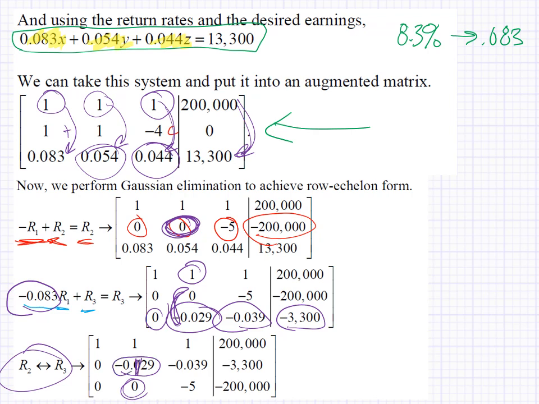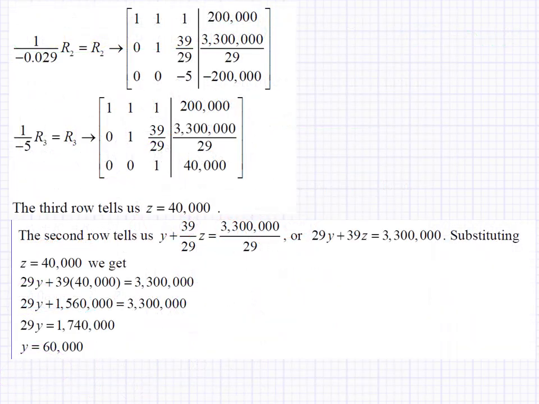We can make it a 1 by dividing by that value all the way across. We divide by negative 0.029, and we get our new row 2. So we divide everything by that negative 0.029. We get a 1. We'll get 39 over 29, and then we get 3,300,000 over 29. Okay?